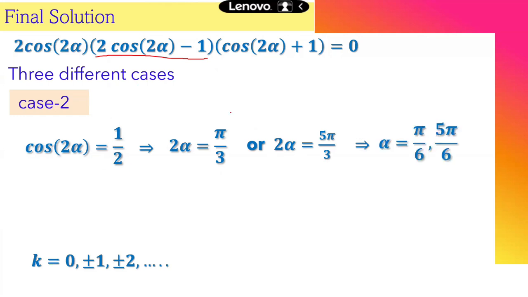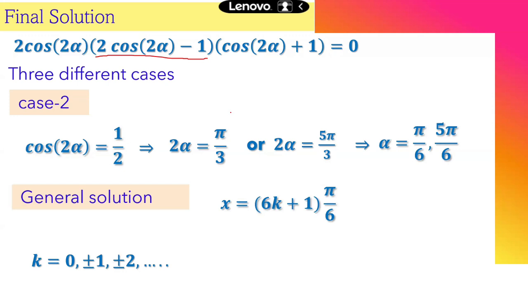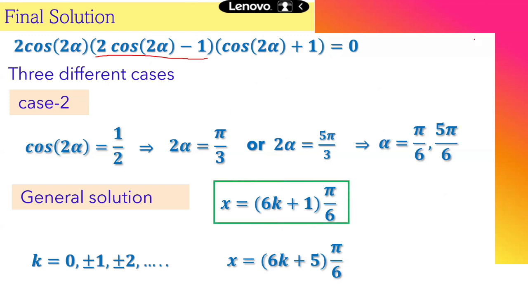And then we get alpha equal to pi over 6 and 5 pi over 6, and the general solution is x equals (6k plus 1) pi over 6 from this part, due again to the periodicity of the cosine function, and x equals (6k plus 5) pi over 6. These two are the solutions, and k is equal to 0, plus or minus 1, plus or minus 2, and so on.